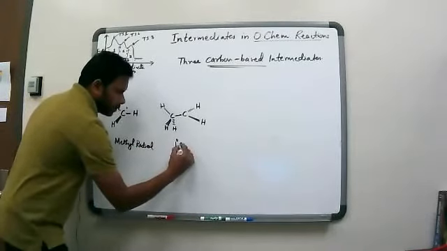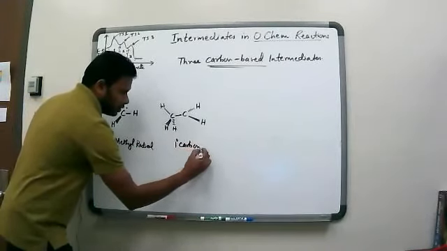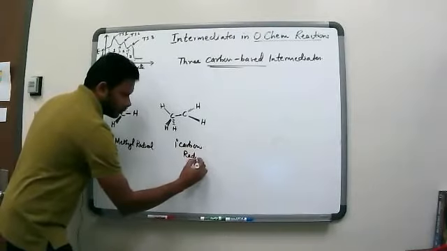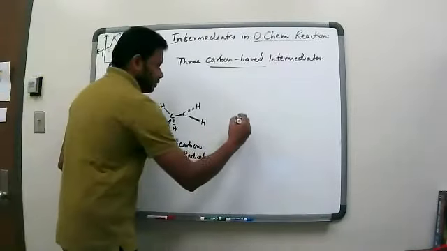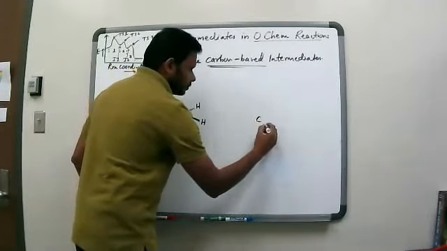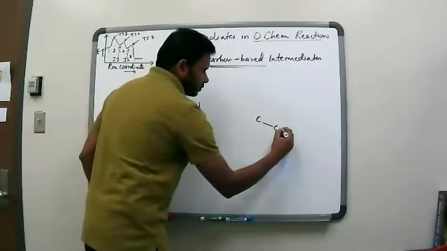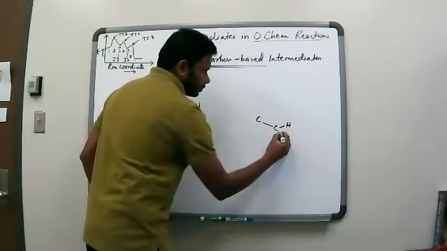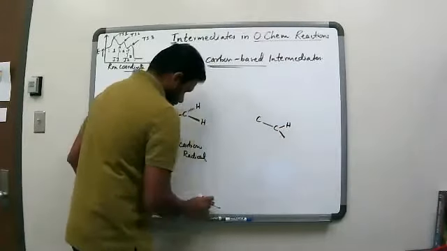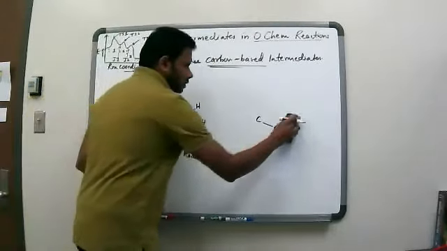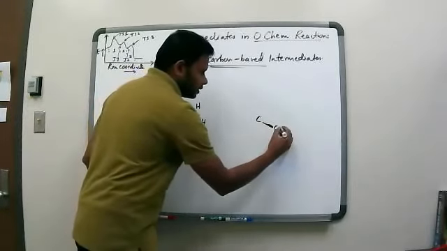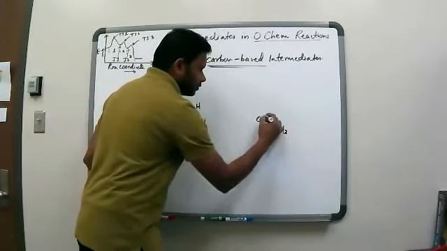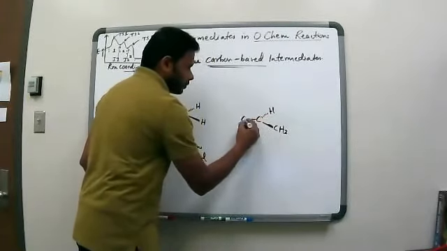This is a primary carbon radical. And then we can talk about, I think we've seen this for carbocations already, so I don't have to draw these out. The structures would look similar.